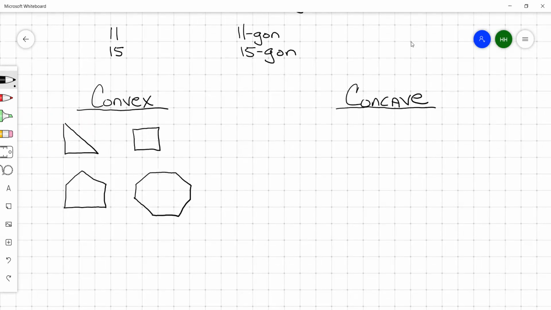Then you've got concave shapes. Let me show you some concave shapes. Concave quadrilateral. Concave pentagon.